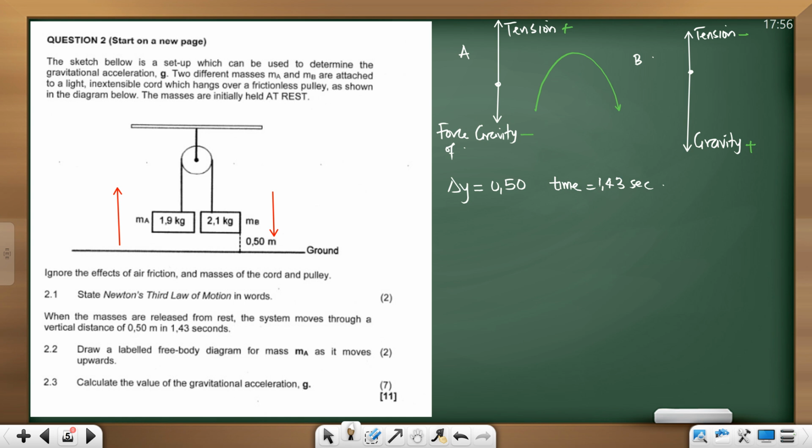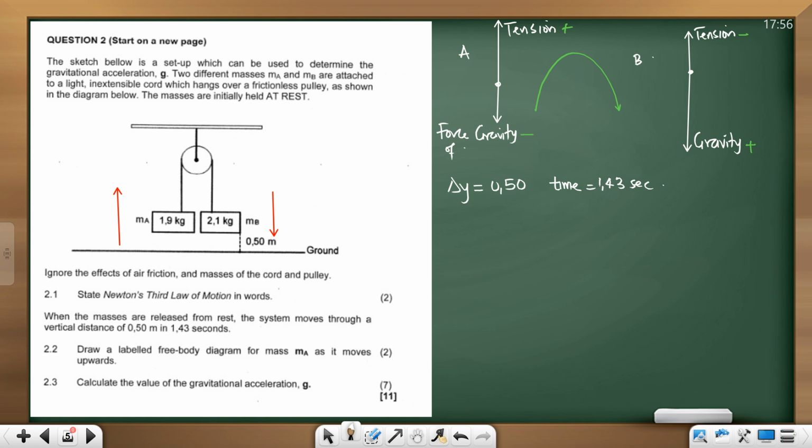The question now is, how do we then get our... Guys, don't say you know G. We don't know G. But what can we get from this equation that we have? We obviously can get the velocity, which doesn't give us acceleration, by the way. We want acceleration due to gravity.